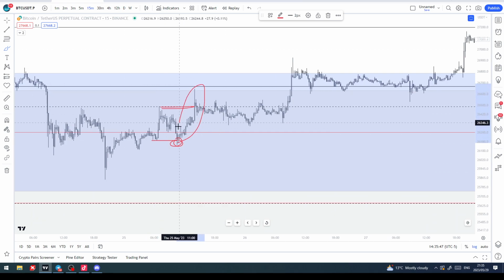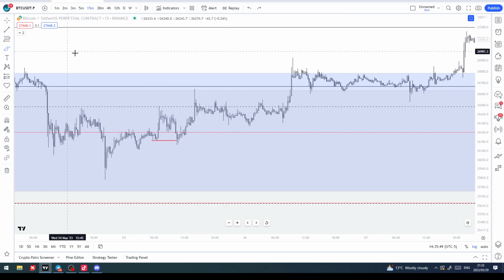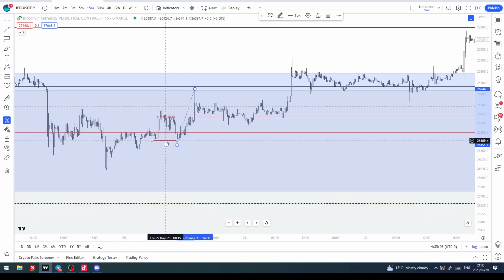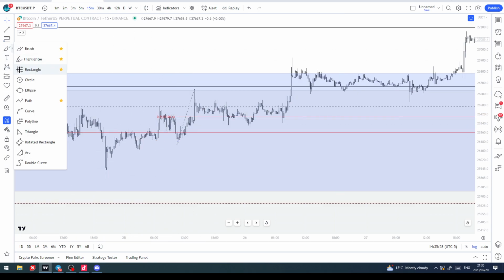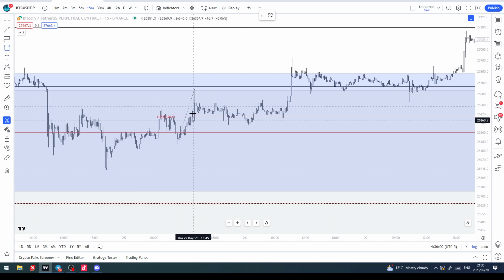There's your dealing range created here. Let's put a fib on that. Look for any fair value gaps around the 50%. So if this was that, there's your 50%. So you've got an order block, you've got a breaker, you've got an order block, and you've got this fair value gap sitting here.